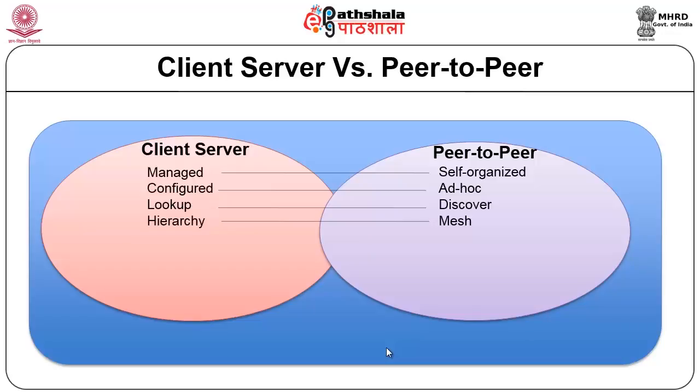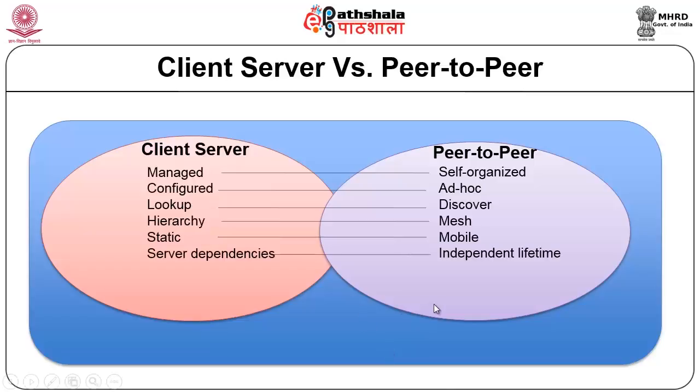Obviously, client server is hierarchical, and P2P is a mesh, a flat structure. Client server is static in the sense that we give an IP address to the client and to a server, and the server has to be present at that specific IP address. So, it is static. I cannot dynamically add a server on the fly, whereas in P2P it is possible to add new nodes.